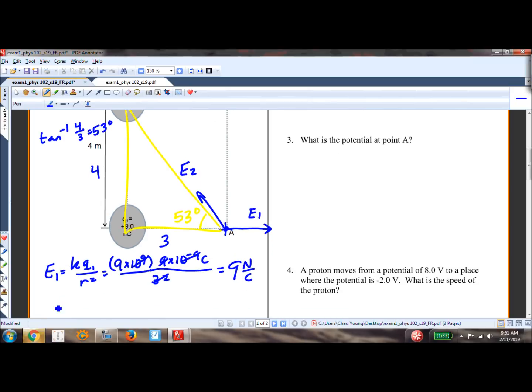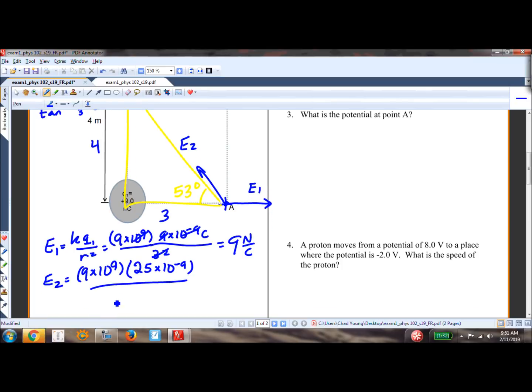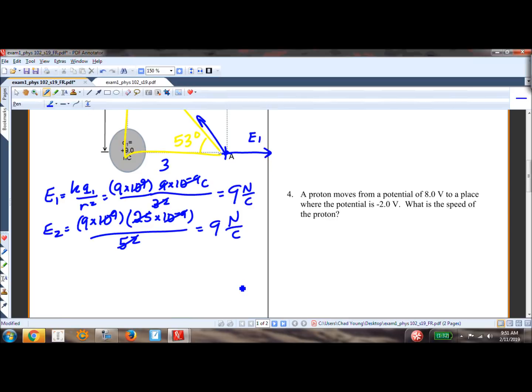In a similar way, E2 is also pretty easy: 9 times 10 to the 9th, Q2 is 25 times 10 to the minus 9, divided by 5 meters squared. That cancels, and it leaves similarly 9 newtons per coulomb. So both of those vectors are 9 newtons per coulomb.